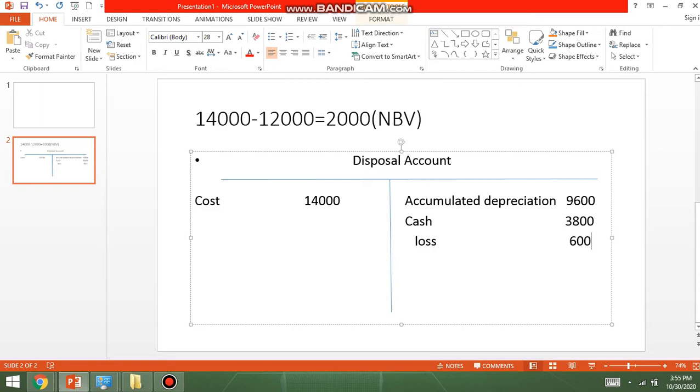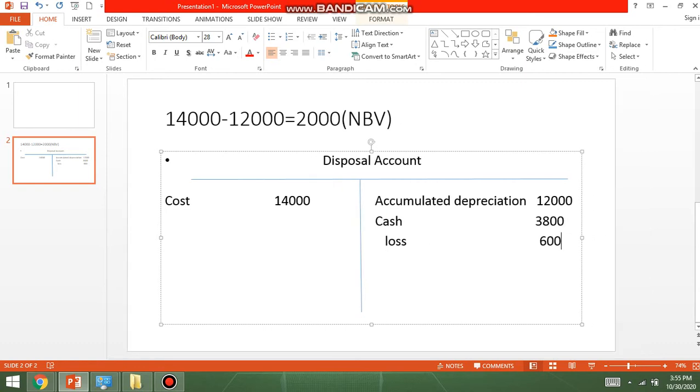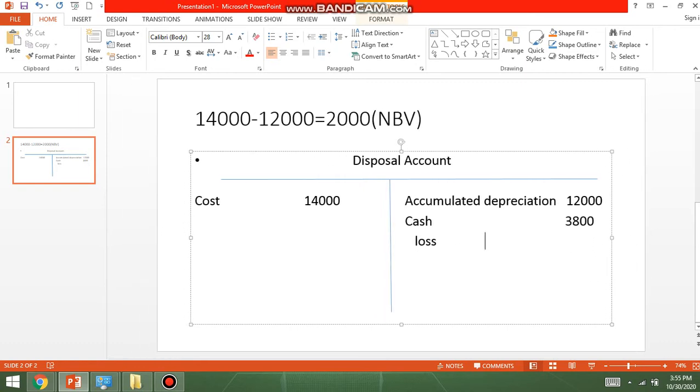Now let's suppose that the accumulated depreciation increases to £12,000, and the cash you are getting is 3,800. Since the net book value is 2,000 and the cash you are receiving is 3,800, you are actually gaining a profit of 1,800. This is your profit.